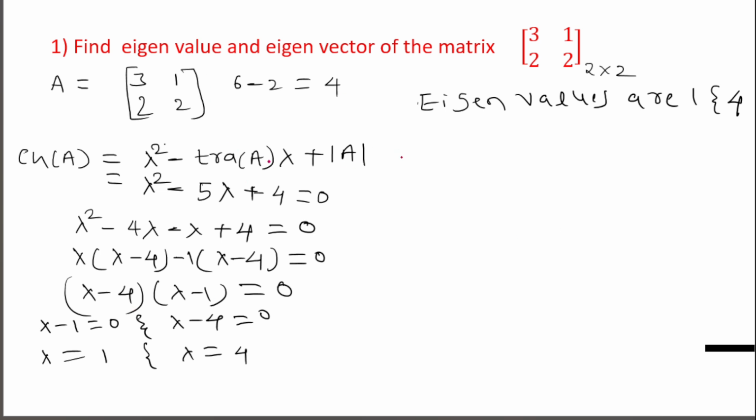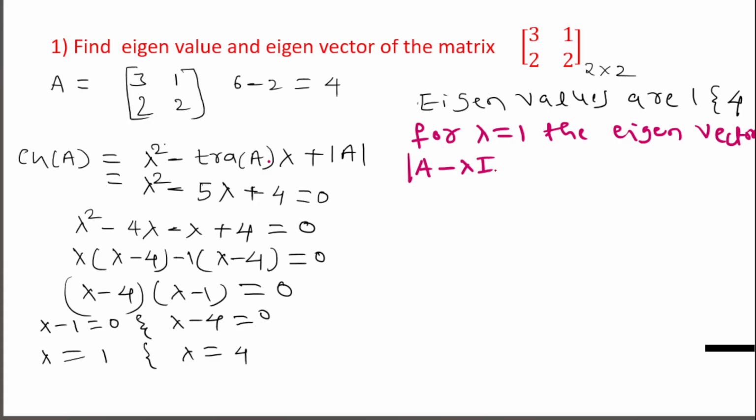To find the eigenvector of the matrix, for lambda equal to 1, the eigenvector is found by putting lambda equal to 1 in the determinant of A minus lambda I, into x equal to 0.